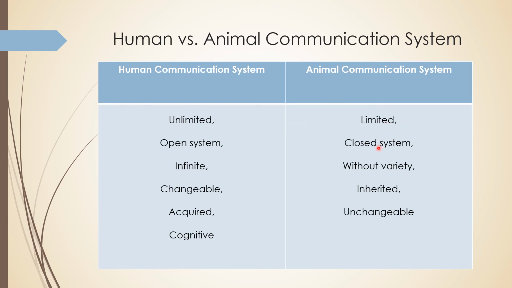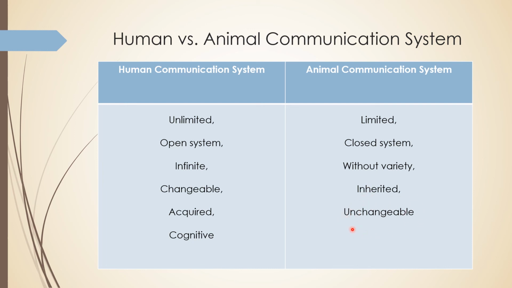The system is a closed system, without variety, and it is inherited. The dog inherits the sounds from its previous generation, and of course it is unchangeable. It doesn't change. It remains the same.